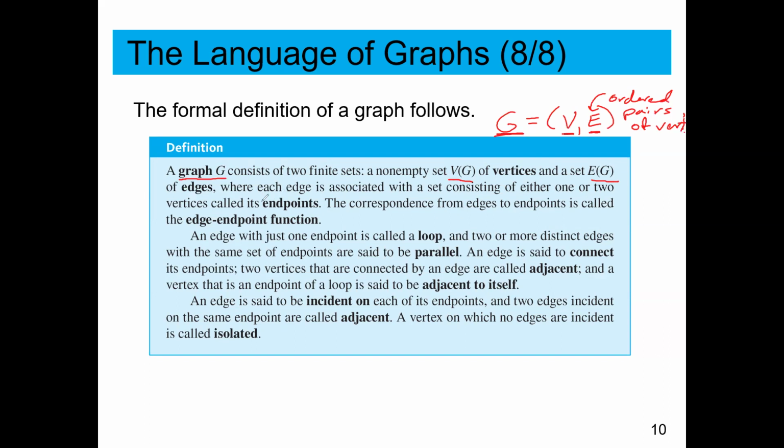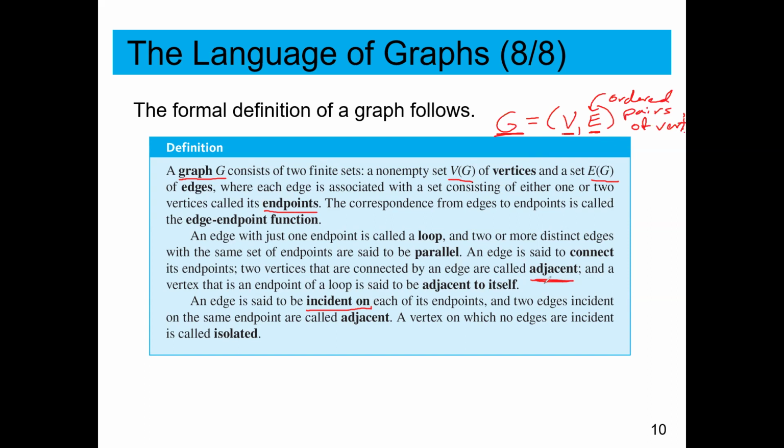The vertices on either end of an edge are called its endpoints. And another key thing is they are said to be incident to the edge. So an edge is incident to a vertex, meaning it attaches to a vertex. And two vertices are adjacent if they are connected by an edge.